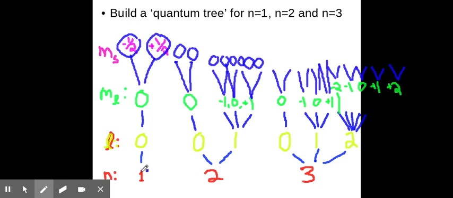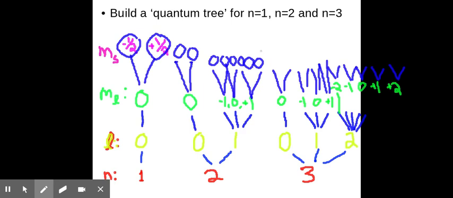Think about where you've seen this before. On the second energy level, when the principal quantum number is 2, there's 2 possible shapes. The first one has 1 orientation, which has 2 spots, and the second shape has 3 orientations with a total of 6 spots. 2 and 6 is 8, and you've seen that before where we've had the second energy level having 8 spots where electrons could be placed.